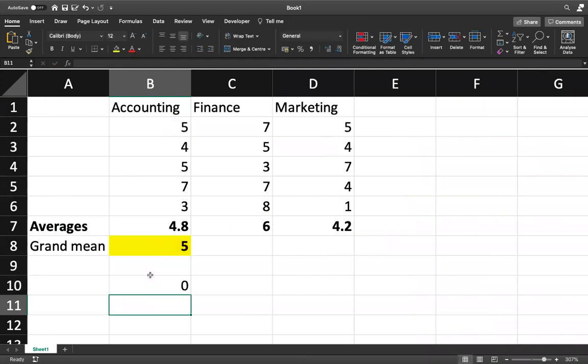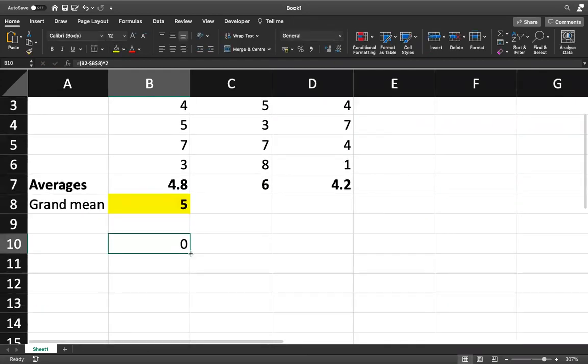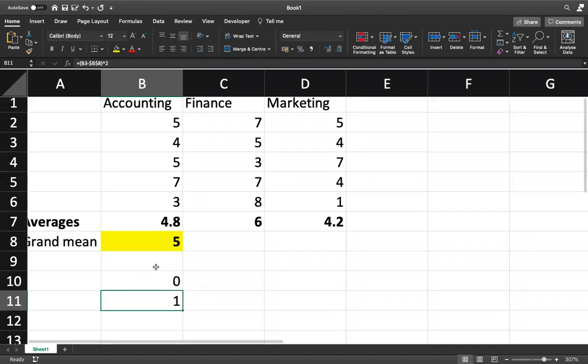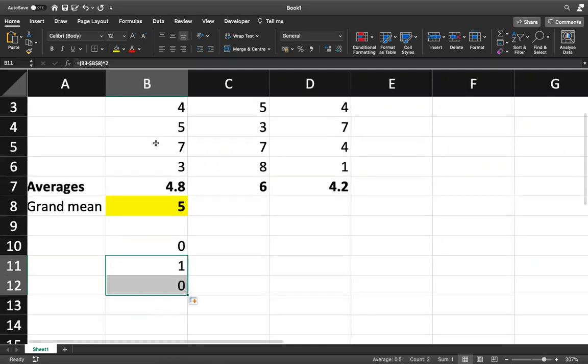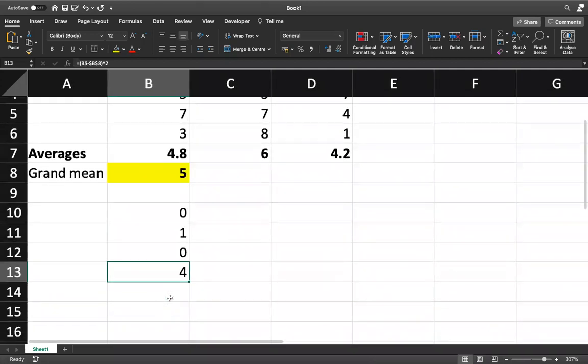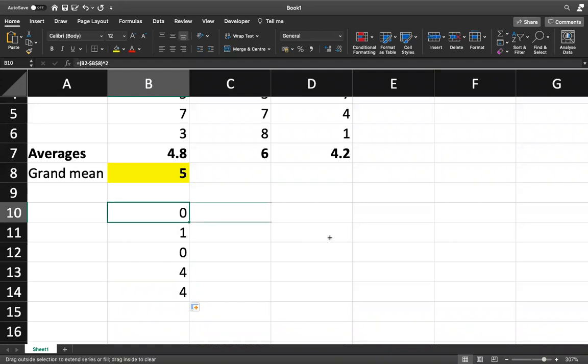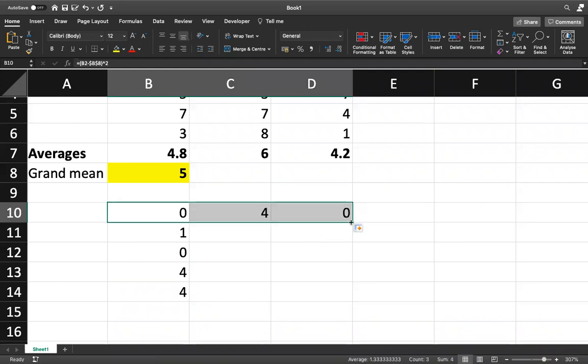The second one does the same thing: 4 minus 5 squared gives you 1. The third one, 5 minus 5 squared, gives you 0. The fourth one, 7 minus 5 squared, gives you 4. Then 3 minus 5 squared would also give us 4. I can do the same for all the values.